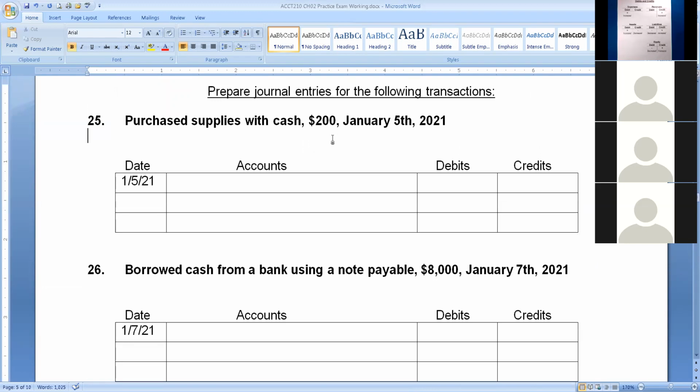Purchase supplies with cash. The accounts we're going to use are, our accounts are going to be what? Supplies and cash. Yep.